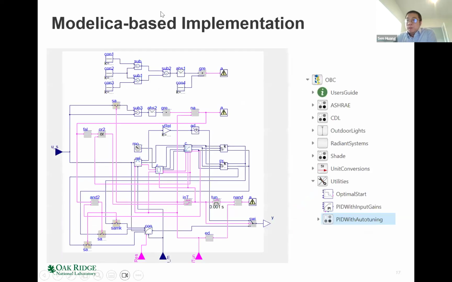Based on that same idea, we implemented a so-called auto-tuning PID component under the OBC library. I want to mention this is really a collaboration between ORNL and LBNL.